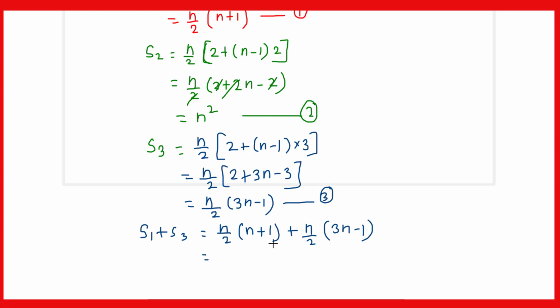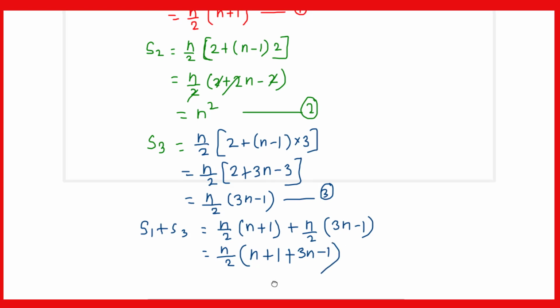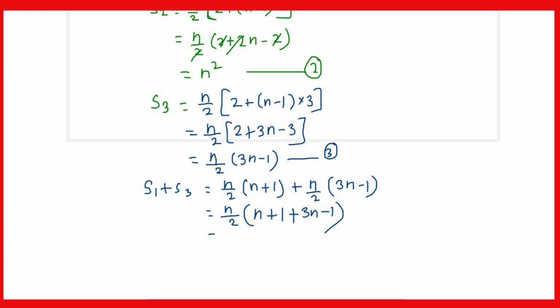So which is equal to, n by 2 will be a common factor, n by 2, inside the bracket this will be n plus 1 plus 3n minus 1, close the bracket. So which is equal to n by 2, this 1 and 1 will get cancelled, 3n plus n, that will be 4n, and so 2 1s are 2, 2 2s are 4, so which is equal to 2n square.